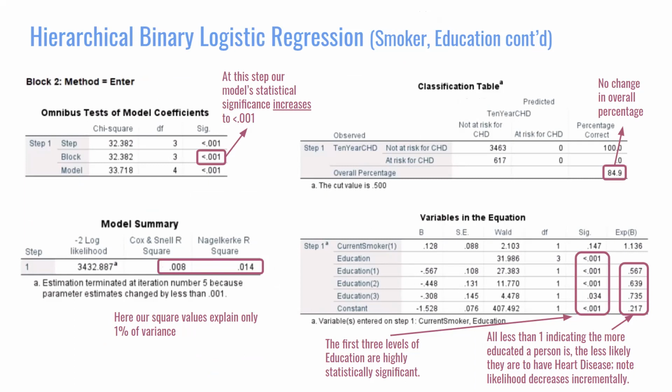You can have a relationship that's considered statistically significant between factors and outcomes, but that doesn't necessarily mean there's a large effect. So yes, education level matters in terms of the possibility of contracting heart disease, but it still only explains about 1% of the variance in the total sample.